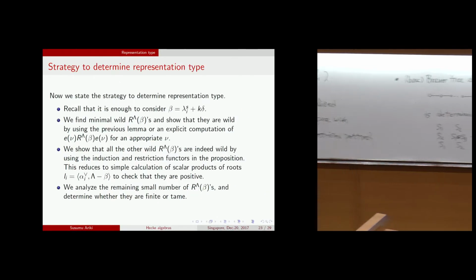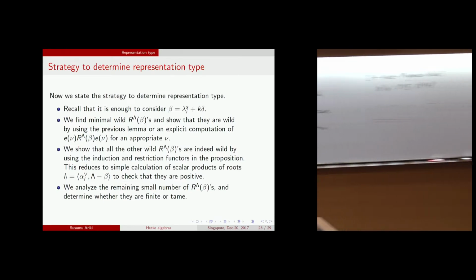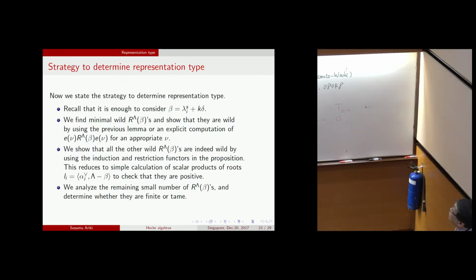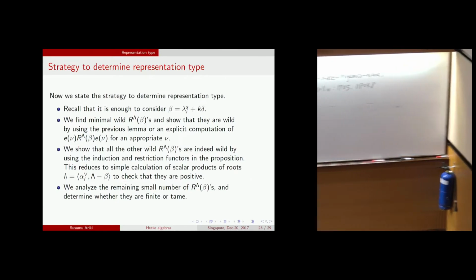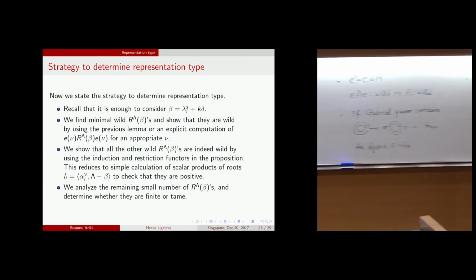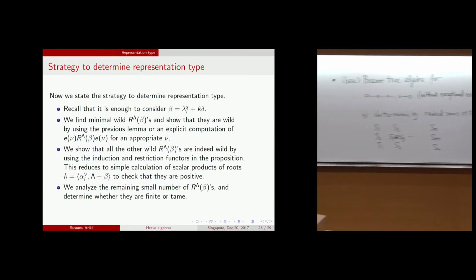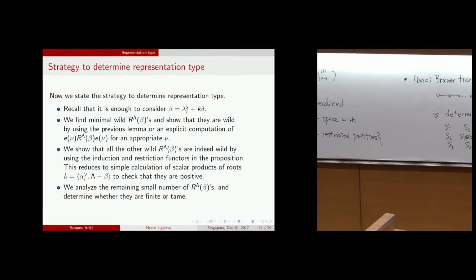So now we state the strategy to determine representation type. So recall that it is enough to consider beta of this form. And we find the minimal wild ones, and show that they are wild by using the previous computation of this. And we show that all the others are indeed wild by using the induction and Lifton factors in the proposition.